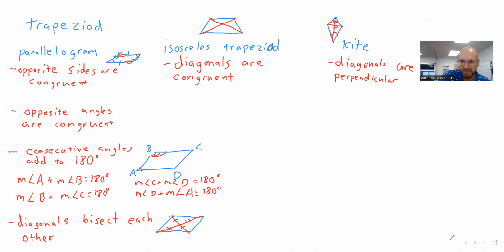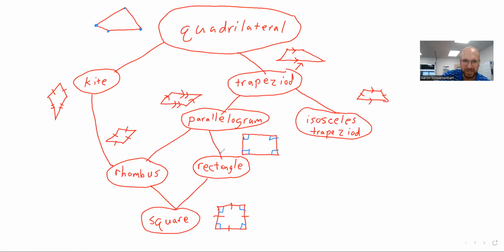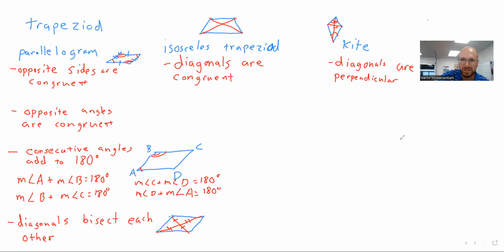So we were looking at our hierarchy and knowing that all these properties of parallelograms also apply to rectangles, rhombuses, and squares. So we come back here, a rectangle, there's a couple additional properties for rectangles.